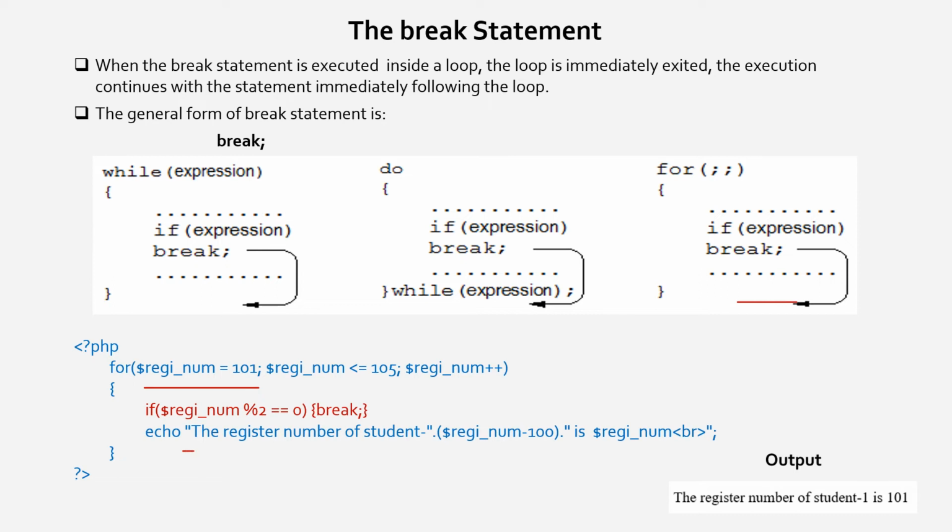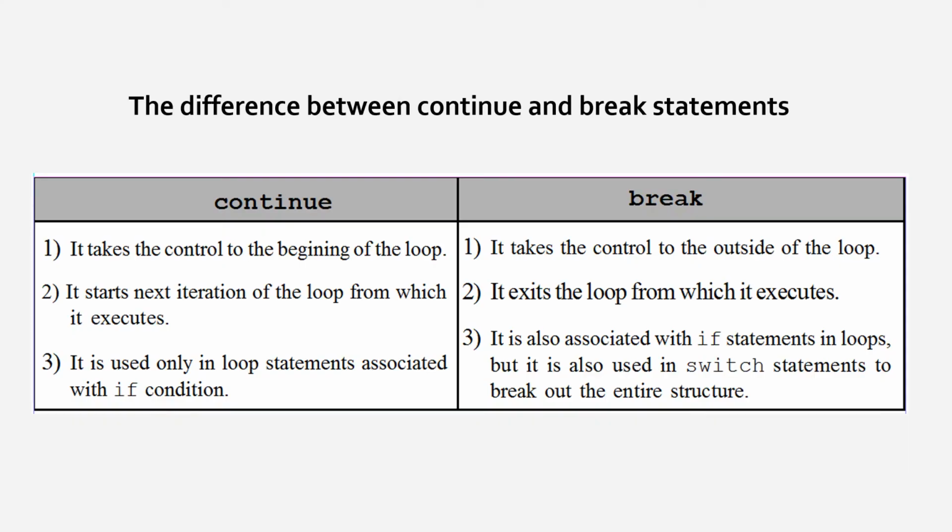The next statement is executed, so this will be printed. Next, the 102 case, in 102 mod 2 is equal to 0. That time break will be executed and we will come out of the loop. This is about the break statement. These are the differences between continue and break.